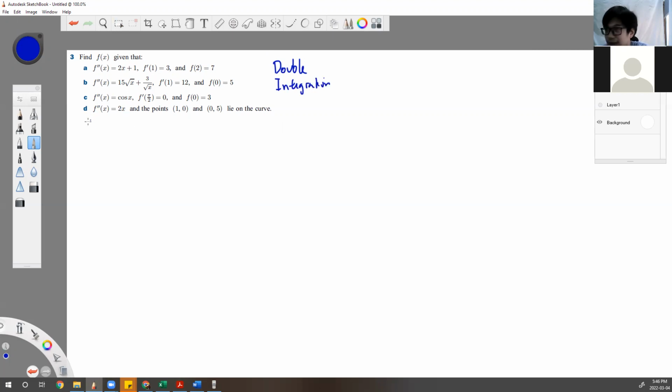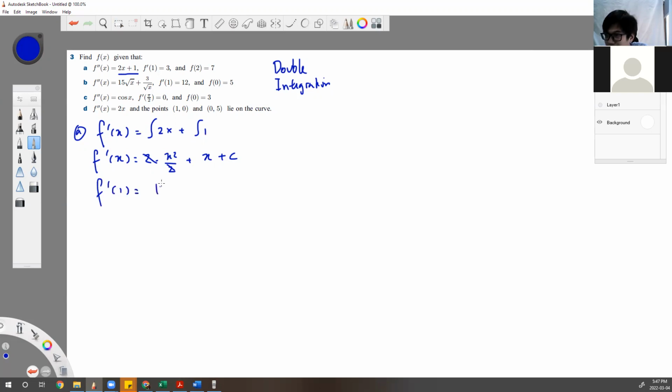Okay, so question 3a. f'(x) is supposed to be the integration of 2x plus the integration of 1, right? So f'(x) equals 2x squared over 2 plus 1x, or x itself, plus c, you can cross out, and f'(1), so you get 1 squared plus 1 plus c, and it has to be 3.